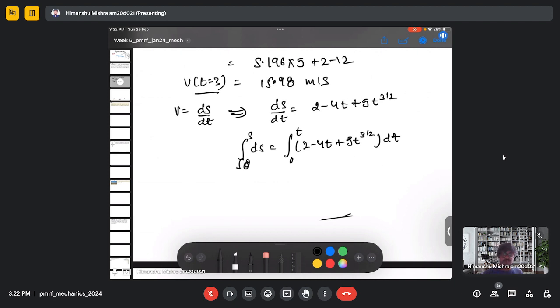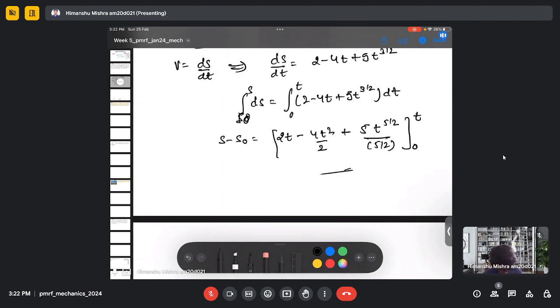Because we have given the initial distance at time t equals 0, so it will be s naught. So it will be s minus s naught equals 2t minus 4t square by 2 plus 5t to the power 5 by 2. This is from 0 to t.